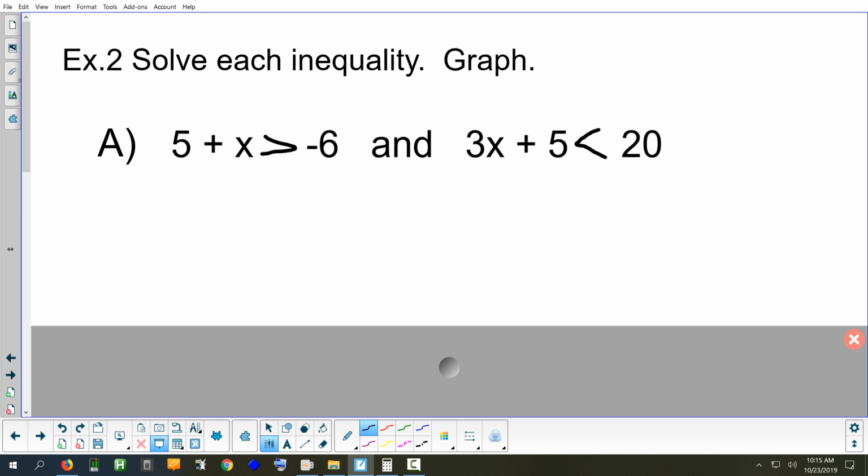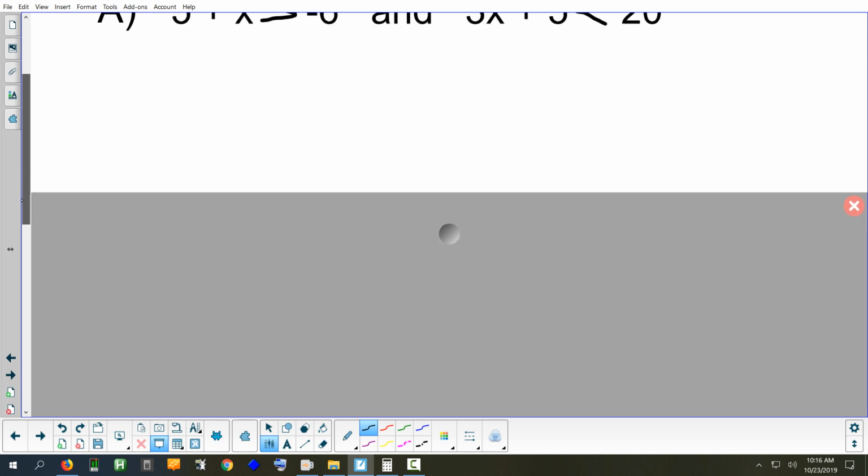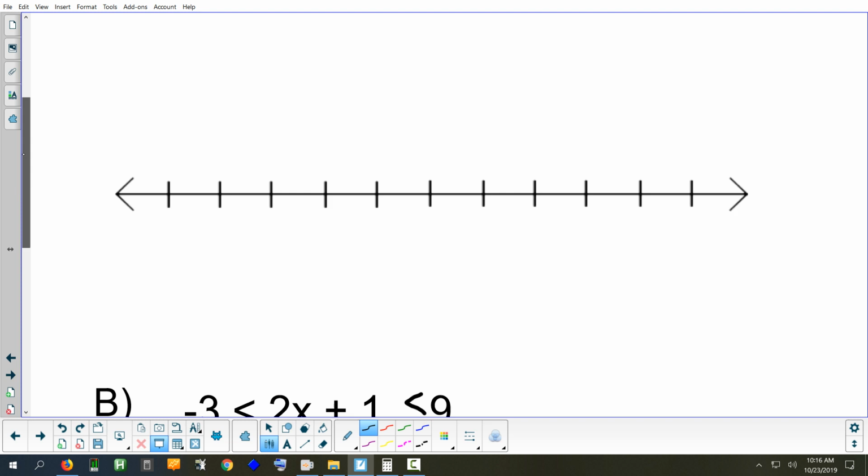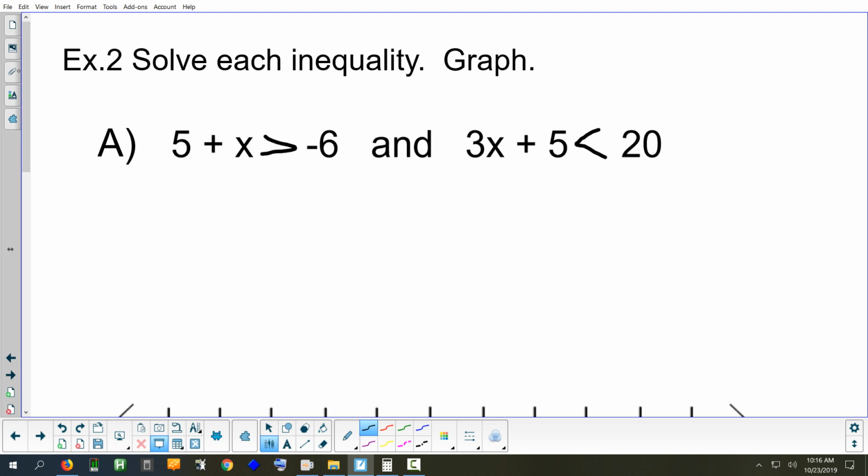So this is an and and it's split into 2. In a minute, I'm going to have you do an and that's all together in 1. The first step is going to be to split it into 2. When we solve it, we always want to have 2 separate ones to solve. It just makes it easier. You solve them basically like we did yesterday. We'll do each one separate.